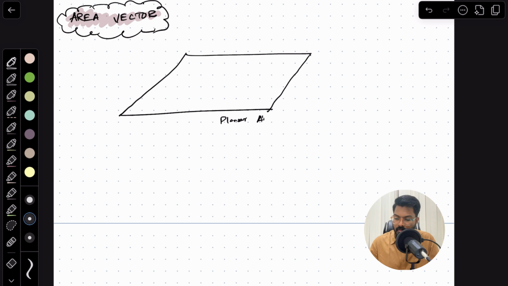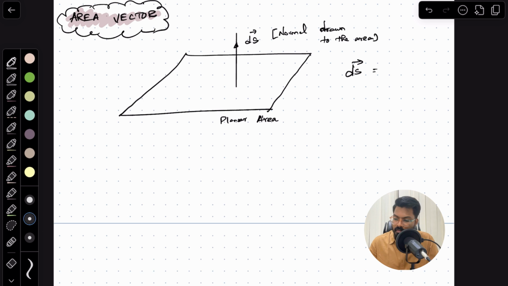Then let's consider a normal which I draw to this area. So I'll represent the normal as ds vector. It is the normal drawn to the area. Now this ds vector is given by ds into n cap.